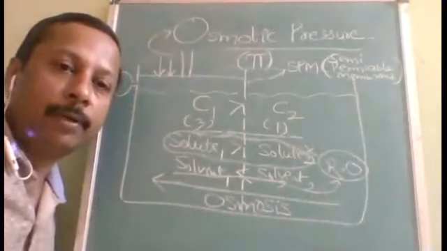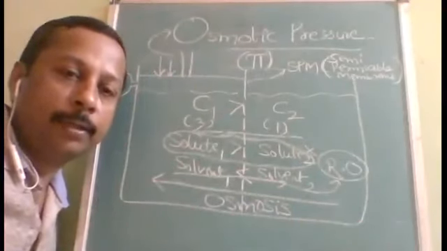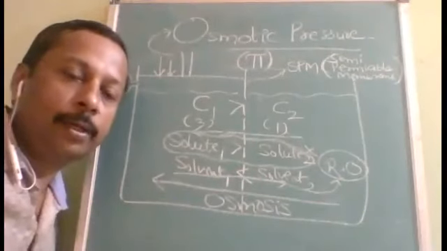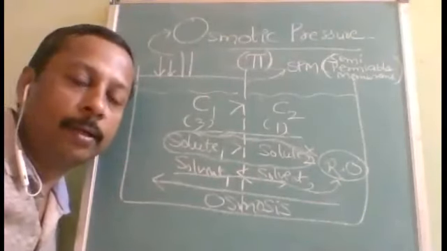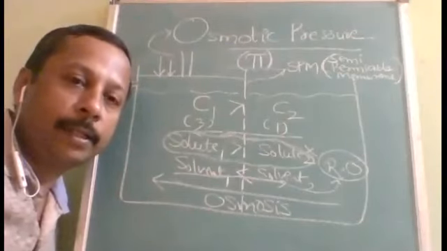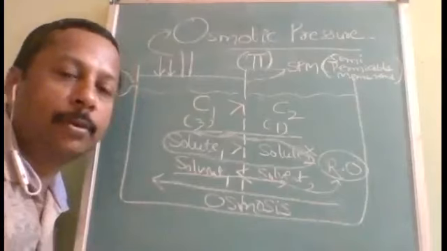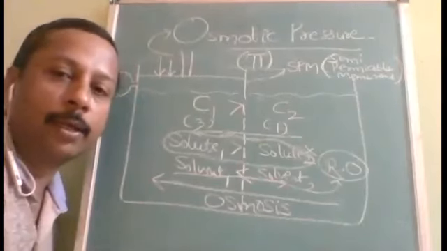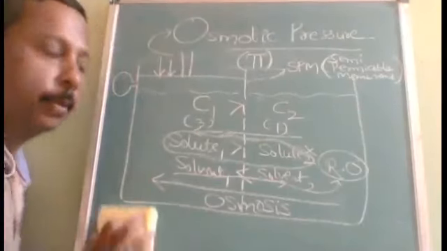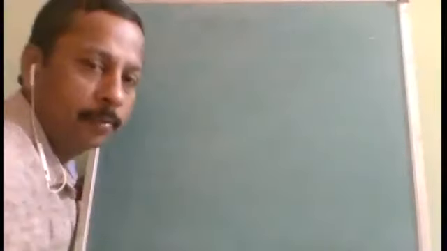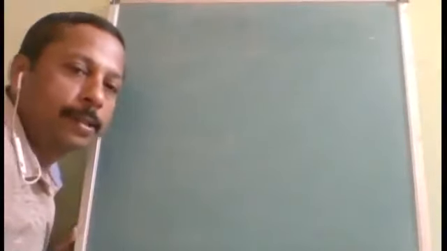So when you apply external pressure beyond the osmotic pressure, the process that occurs is called reverse osmosis. So osmosis and reverse osmosis are just opposite processes.